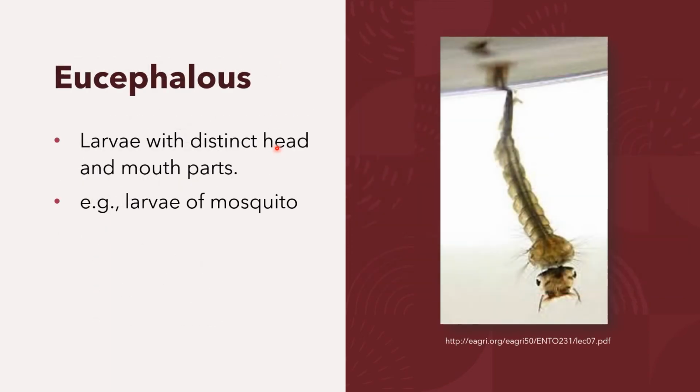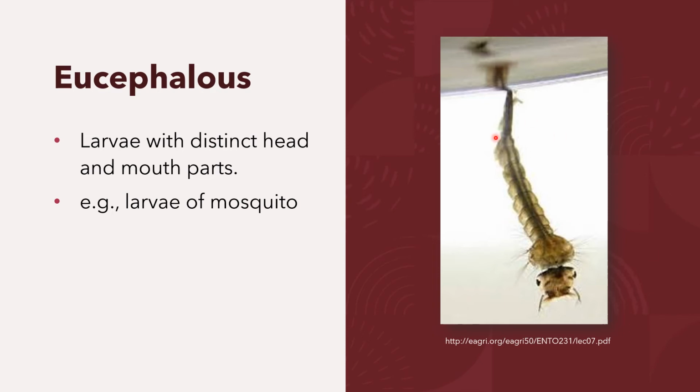When we say Eucephalus larvae, this is a larva with well-developed head capsule with functional mandibles, maxillae, stemmata, and antennae. Examples of the insects that exhibit a Eucephalus larva are the mosquitoes or the wriggler.